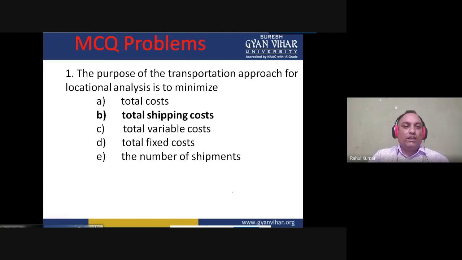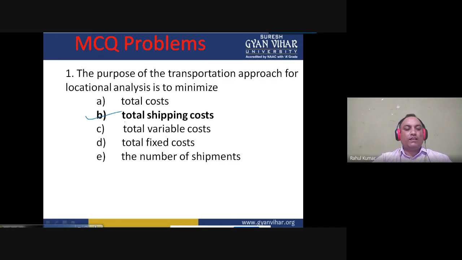Then move to the MCQ problem. For this MCQ problem, the purpose of the transportation approach for location analysis is to minimize the total cost, and the correct answer, B, is already highlighted here.